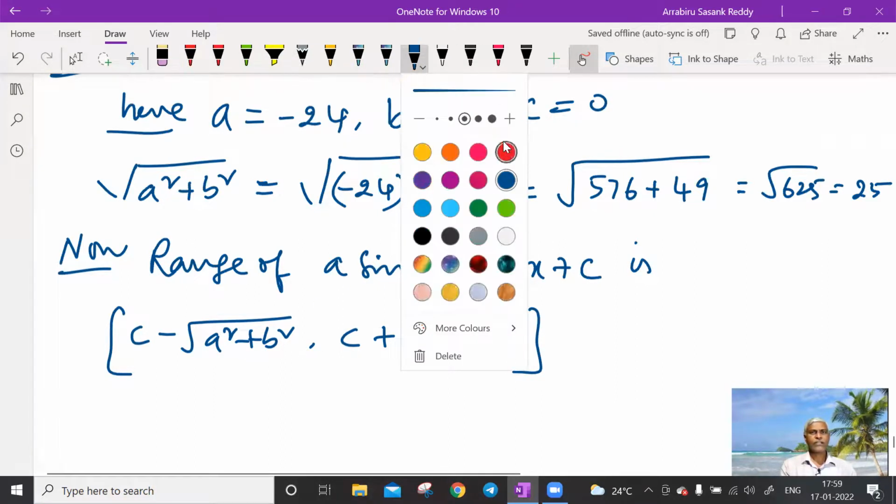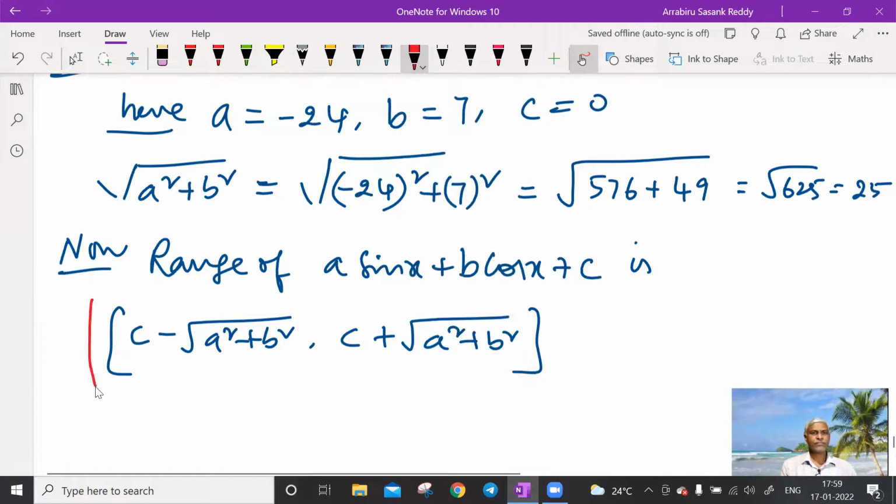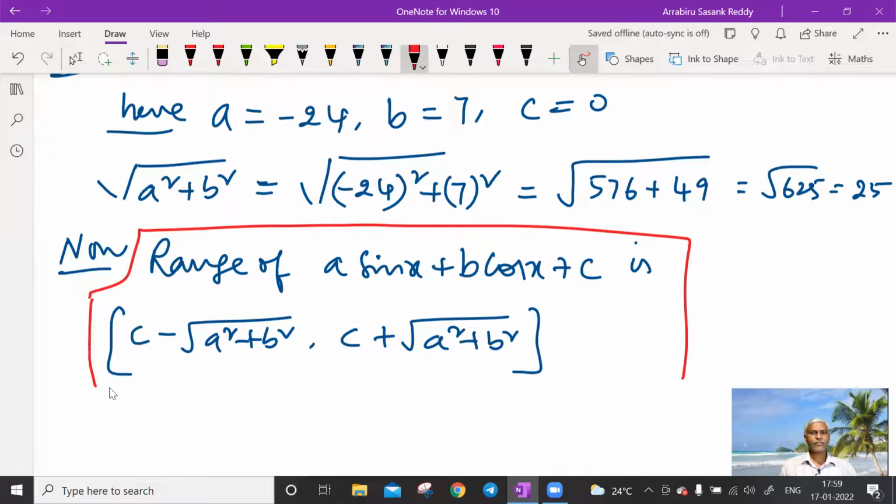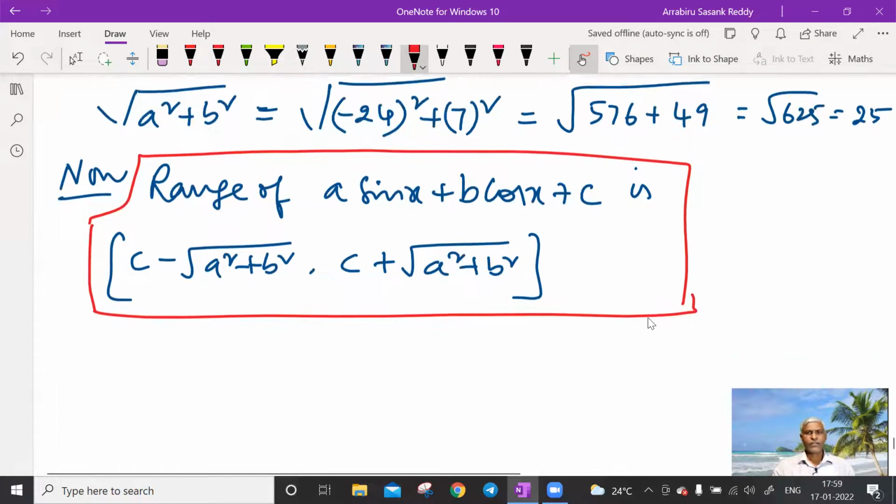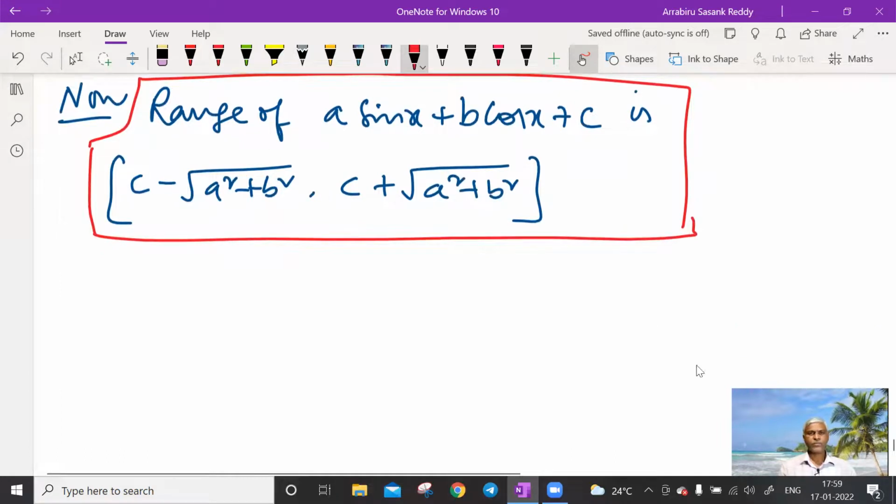So this is the range. Almost similar to minimum and maximum. The left side value is minimum, the right side value is maximum.